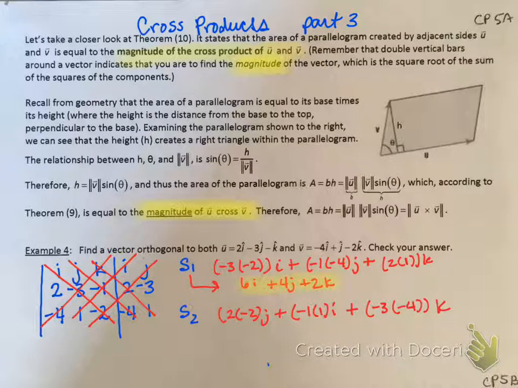So once again, take a moment to check your work, because I'm getting negative 4j minus i plus 12k. Okay, so I'm going to check my work, you check your work, just make sure there's no mistakes.